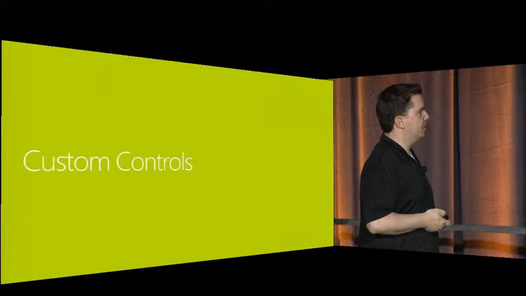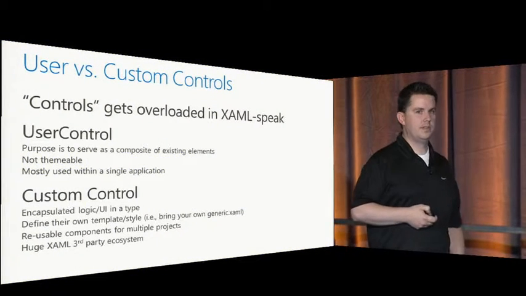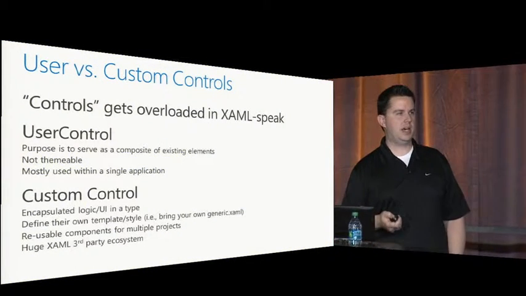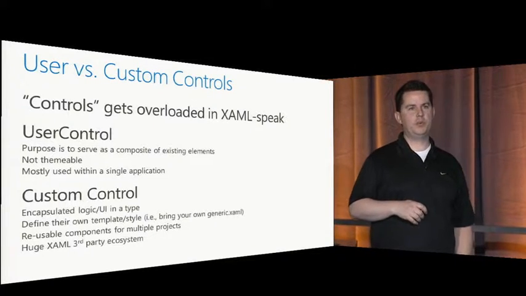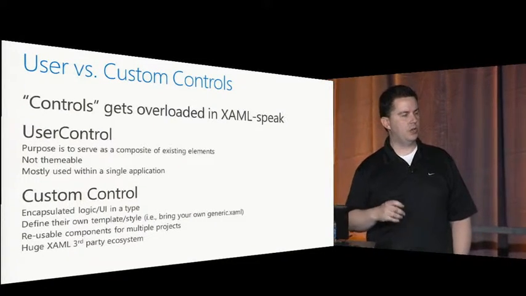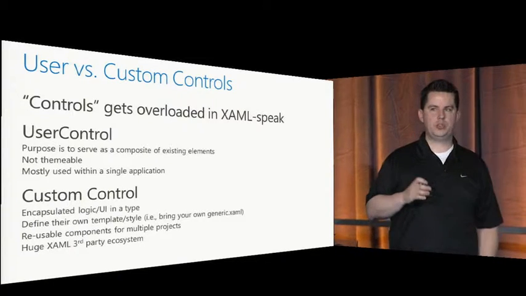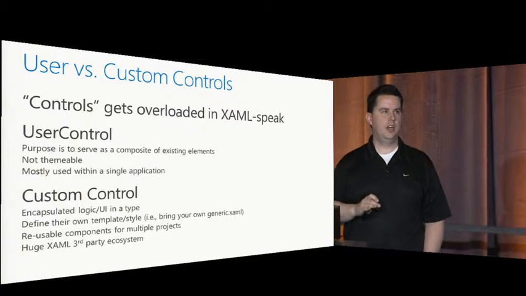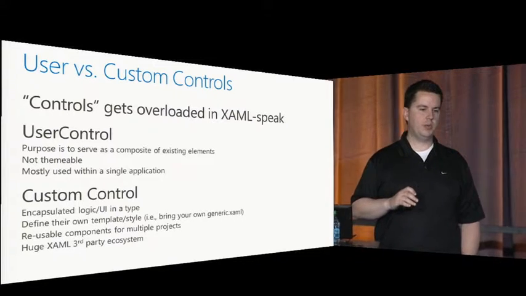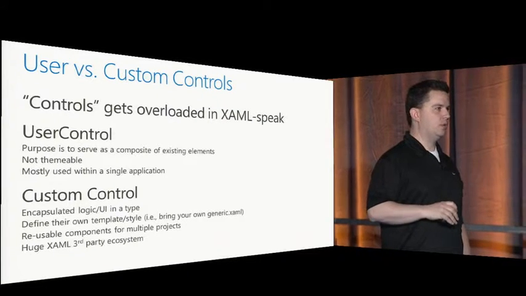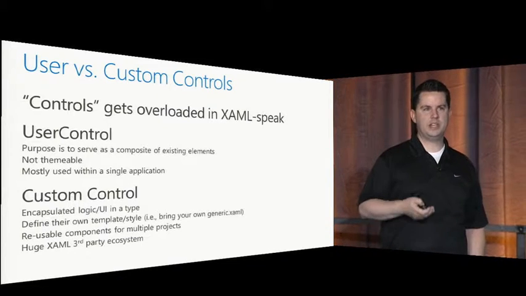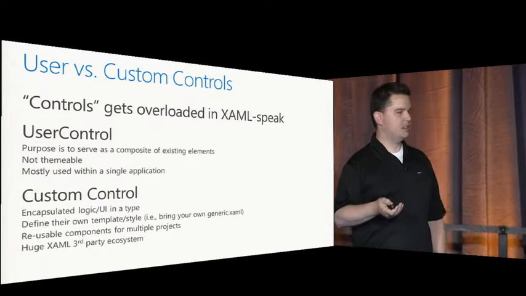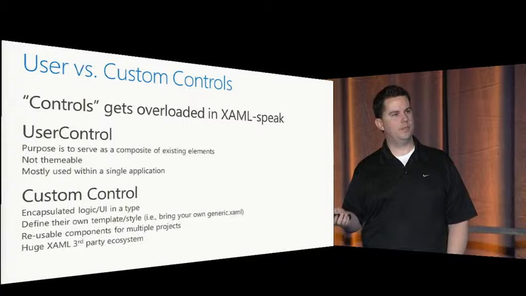Now the second aspect is this concept of custom controls. Now when we say controls in XAML, this becomes an overloaded term very, very quickly. You'll hear people refer to controls just kind of universally, when in fact there are really two clear types of controls. There's one that we call user control, and in fact almost all of the page elements and those types of things are derived from user control.